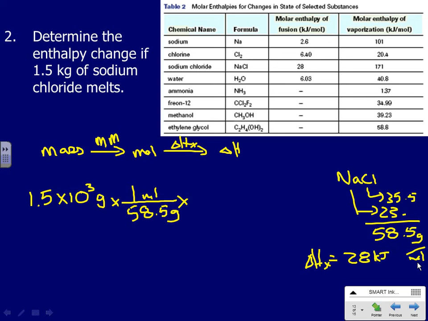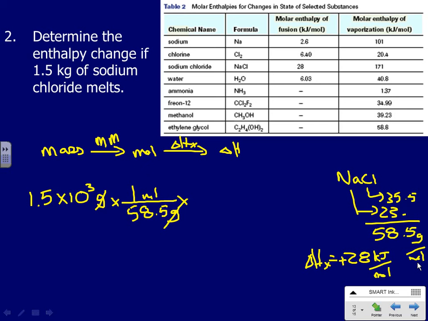We're melting it. We're going from a solid up to a liquid. So what sign will there be here? It'll be positive because the energy is increasing. And now I can put that right into here.